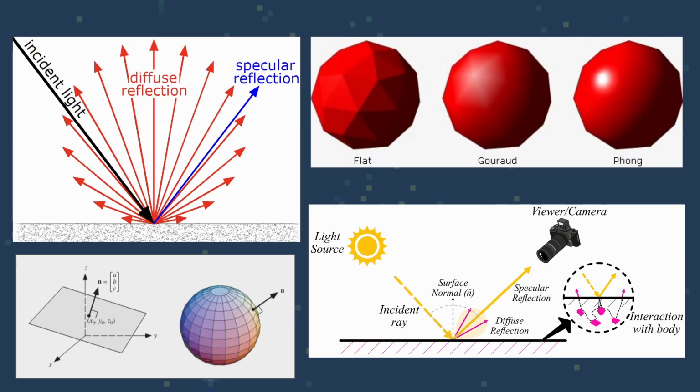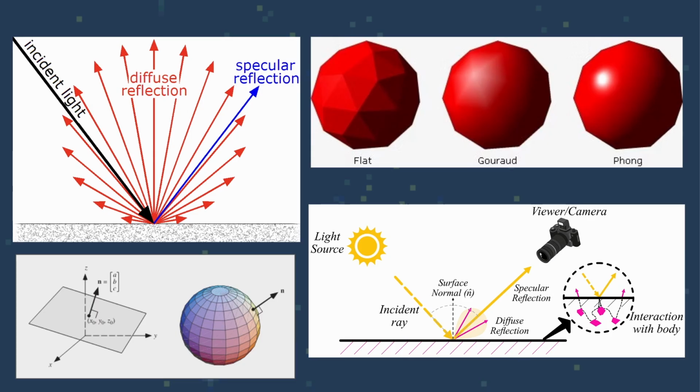And a lot of the lighting calculations that we try to figure out are based off of this fundamental idea: what is the direction the light is coming from, and what is the direction the surface is facing? And using just that information alone, you can get a variety of different effects.